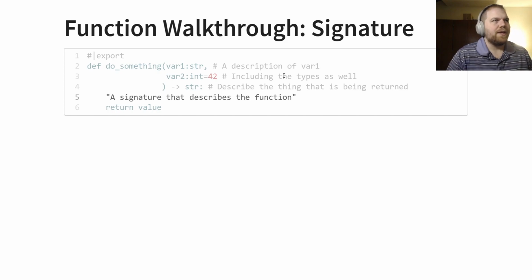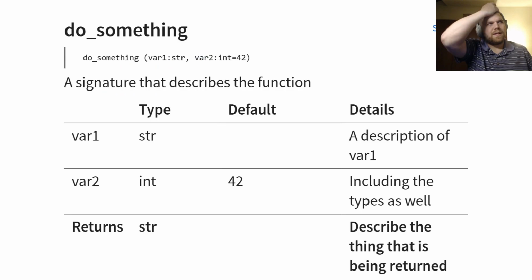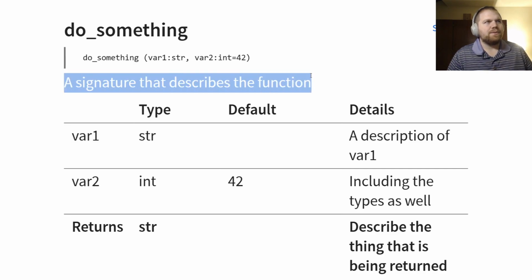I'll show you. But yeah, you can put a description of the function. So this is what it looks like. Here's the name of the function. Here's the signature, and then this would be our docstring. You usually don't want this to be too long in nbdev, but you could make it longer if you want to.